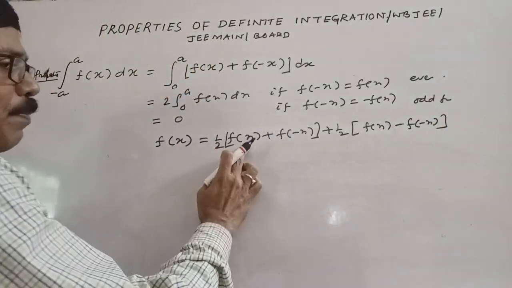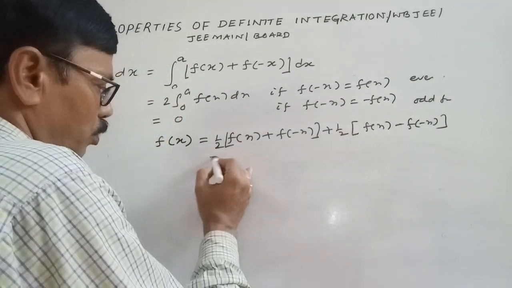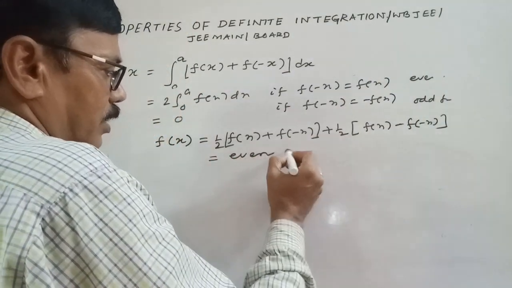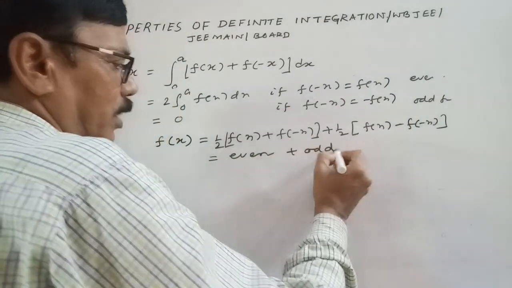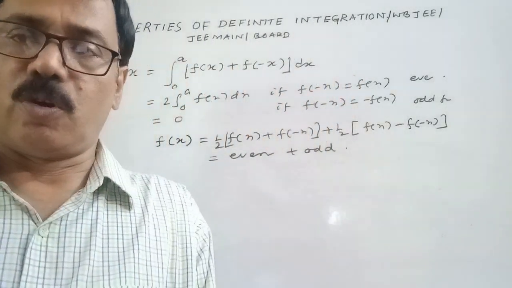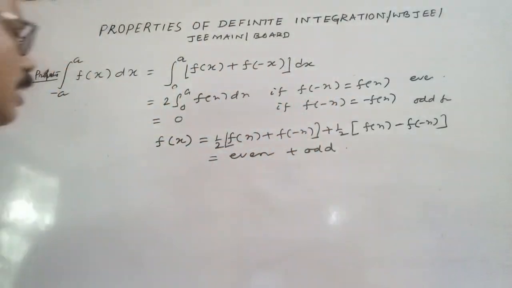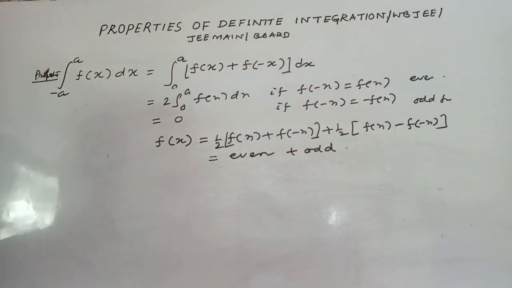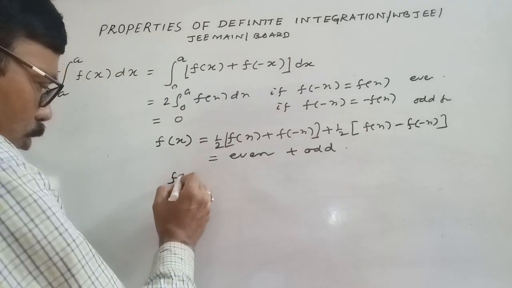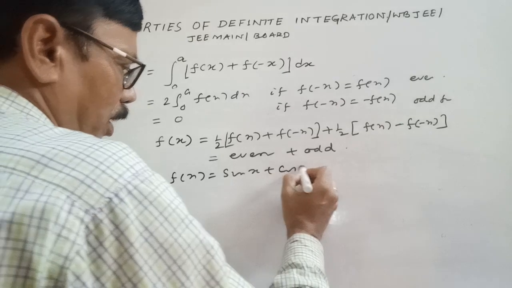So look, f(x), 2f(x) by 2, and this one is cancelled. So you know this is the even function and this is the odd function. So a function may be even or odd or none, but you can express every function as a sum of an even and an odd function. So f(x) equals, for example, sin x plus cos x.